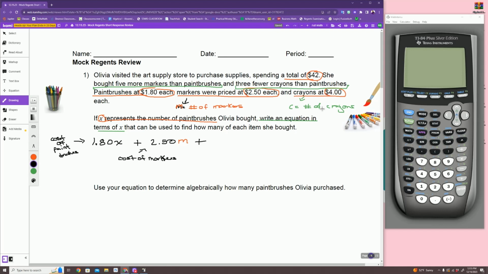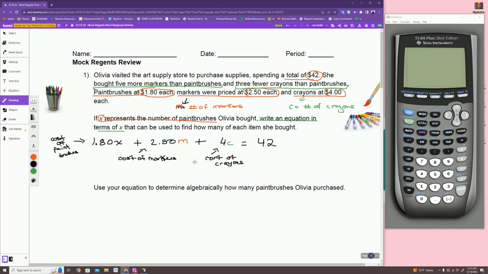They're $4 each, so we're going to do 4 times the number of crayons, which would be C. And this here is the cost of crayons. So if I take the cost of the paintbrushes and add them to the cost of the markers and the cost of the crayons, we've spent a total of $42.